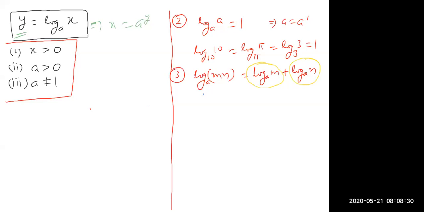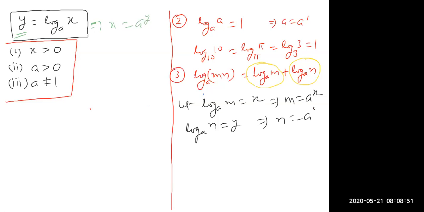So I'm writing here, let log a m is equal to x. So this will give m is equal to a raised to power x, and log a n is equal to y. So this will give n is equal to a raised to power y. Now if I multiply both, I will get mn is equal to a raised to power x into a raised to power y. So mn is equal to a raised to power x plus y.